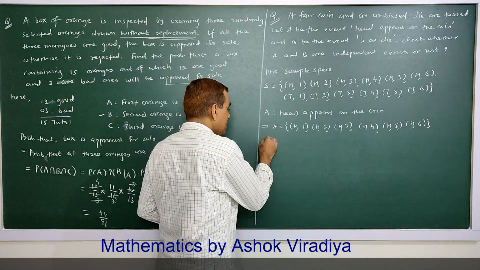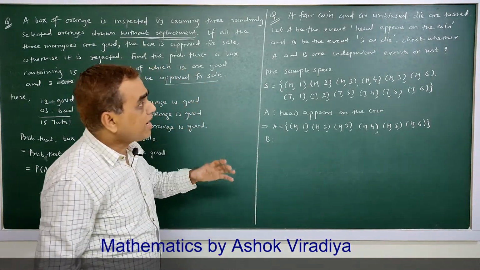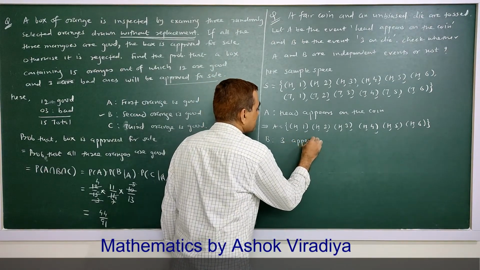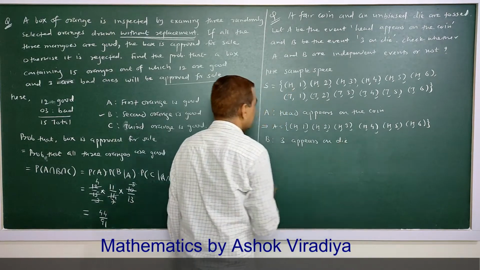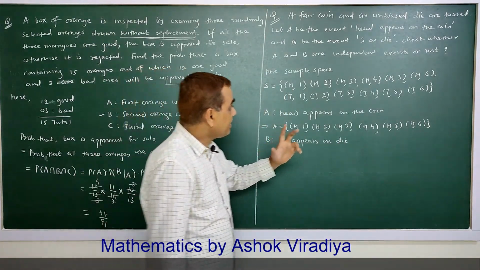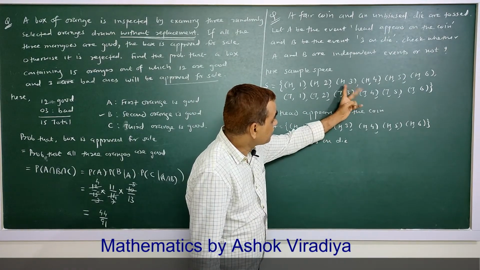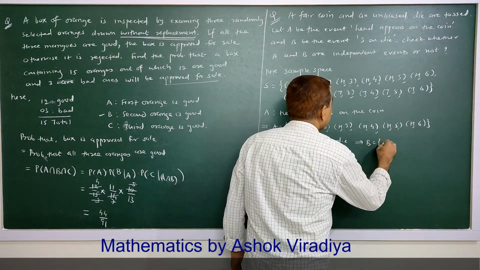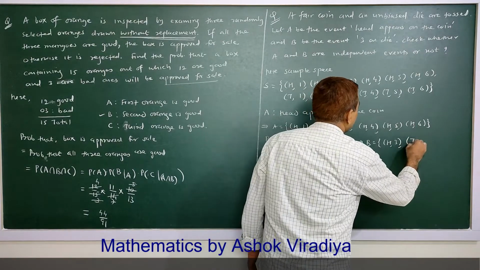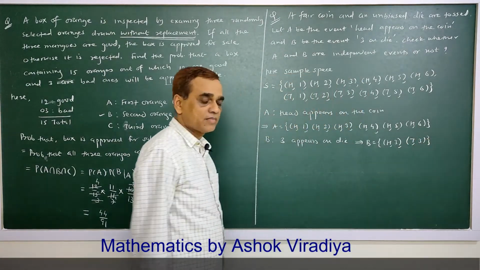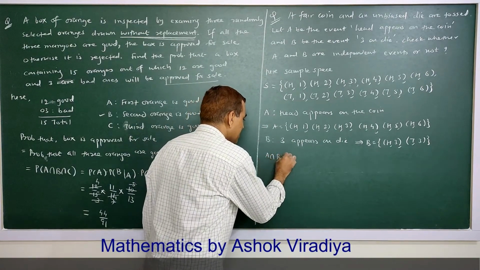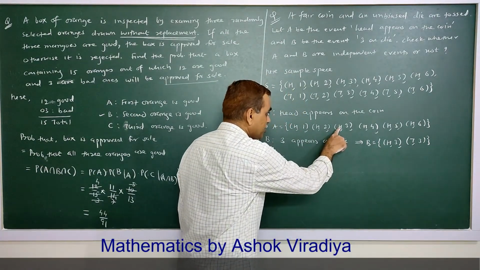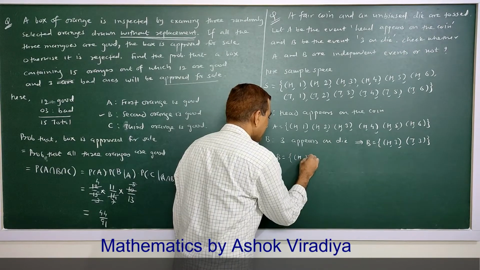Then B is the event that 3 appears on die. These are the elements in which 3 appears on die, so B contains H3 and T3. A intersection B, we find intersection. So intersection contains only H3.